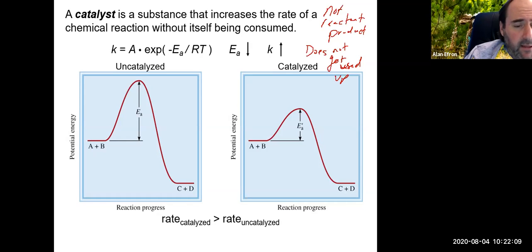And really the way a lot of catalysts do that is they provide an alternative pathway for that reaction to occur, a different mechanism like we were just talking about, with different steps. Without the catalyst there, it may go through a certain process in terms of those steps. With the presence of a catalyst, it may go through a couple different steps along the way that involve the catalyst.